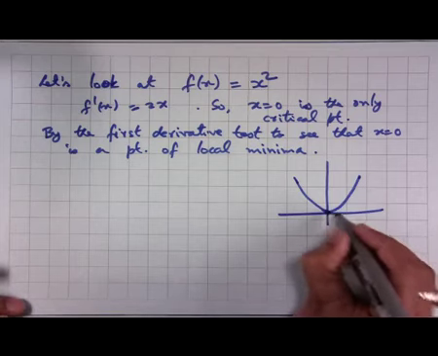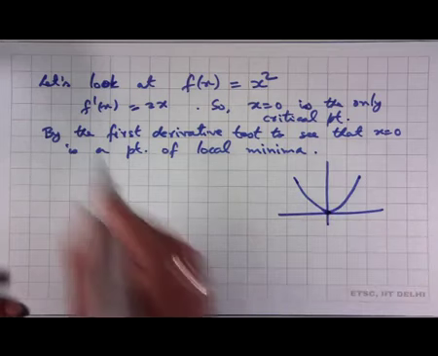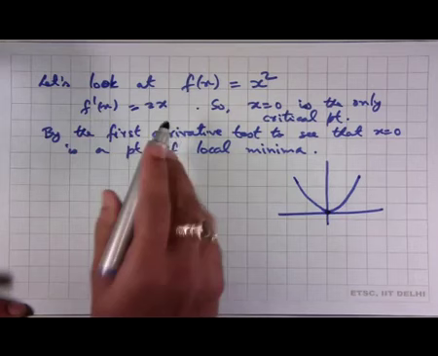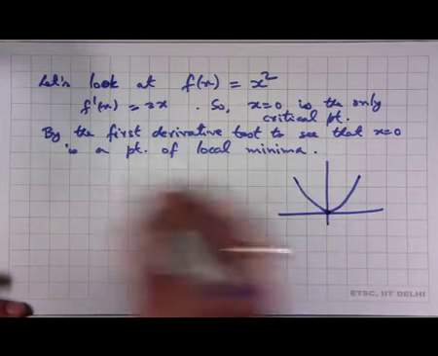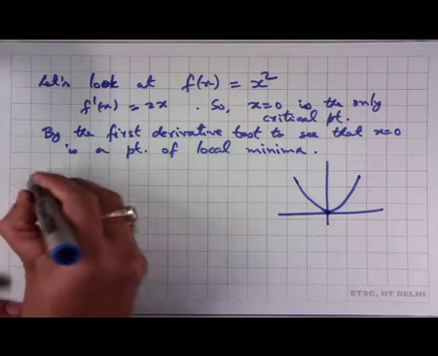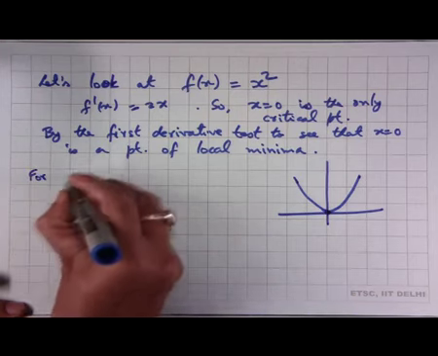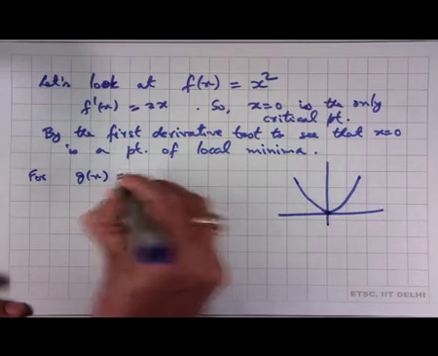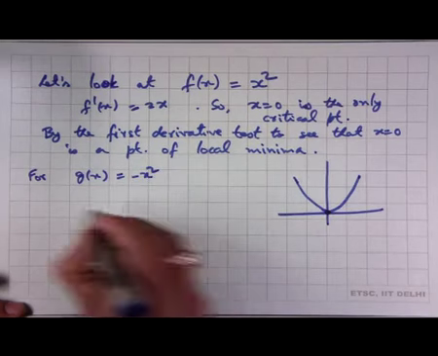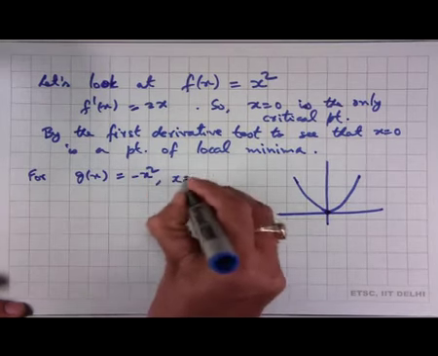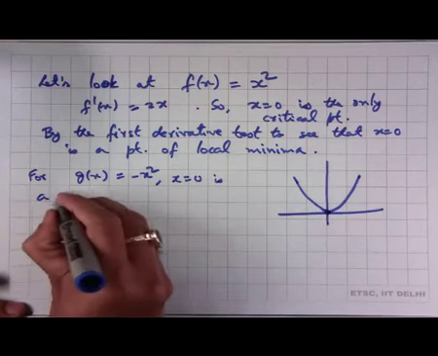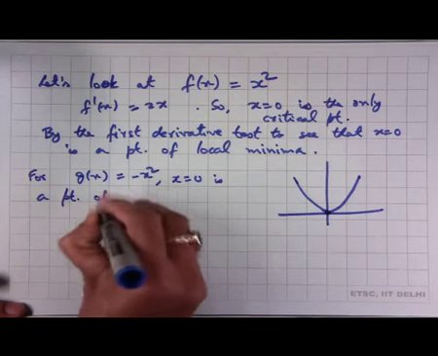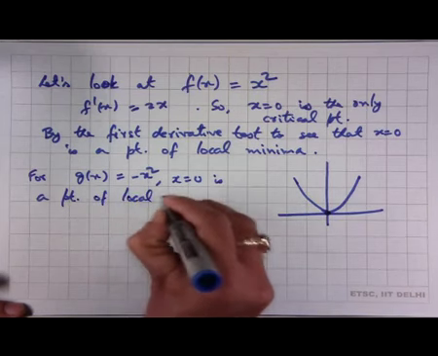Now, if we look at what happens to the second derivative. So, the first derivative does not tell us. If we look at another function g of x, say g of x equal to minus x square, x equal to 0 is a point of local maxima.